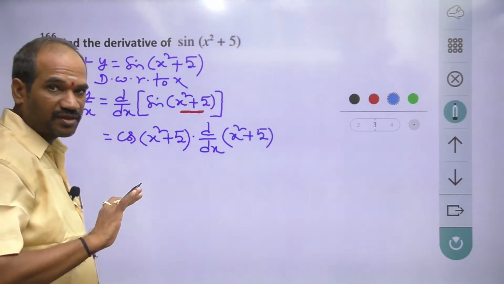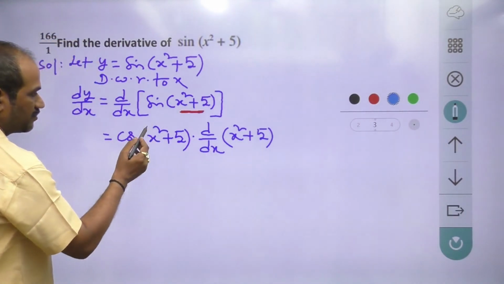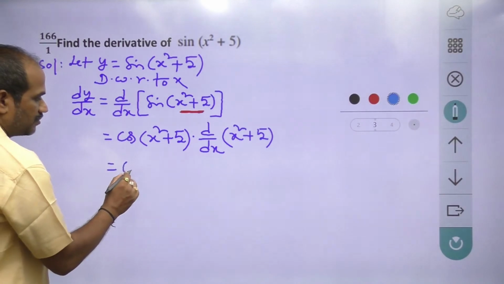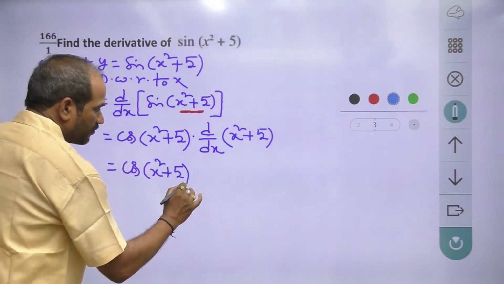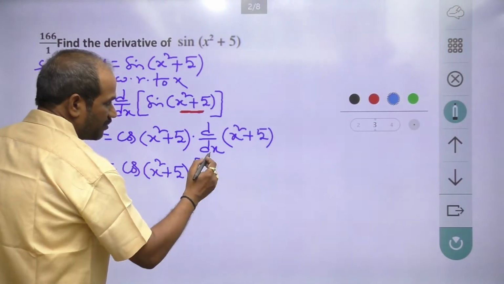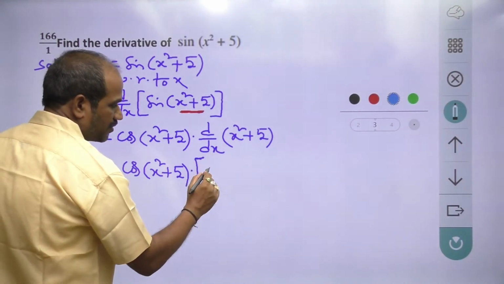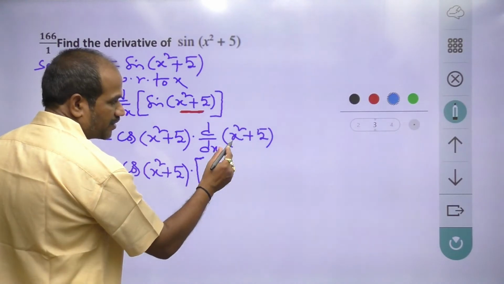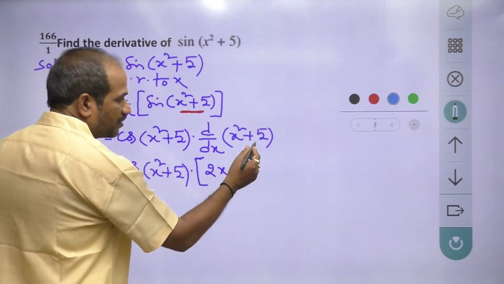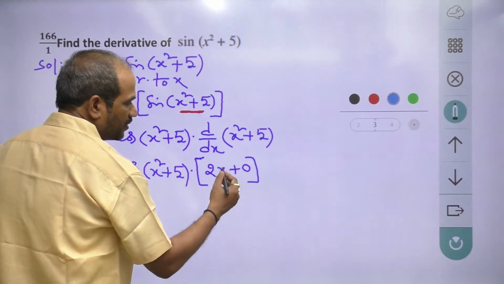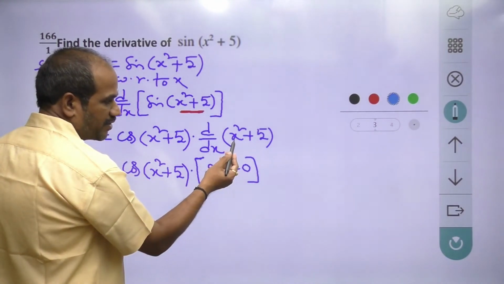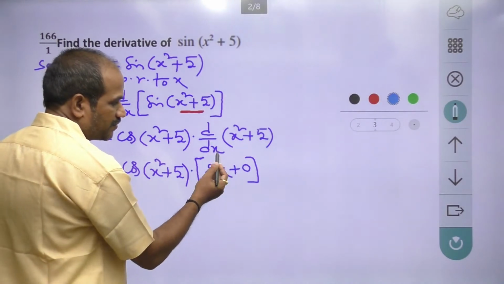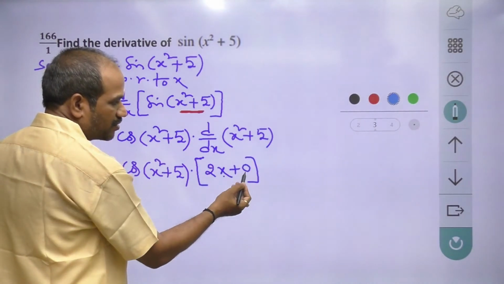All problems follow the same procedure. That is equal to cos of x square plus 5 into the next value. d by dx of x square is 2x, plus d by dx of the constant 5 is 0.